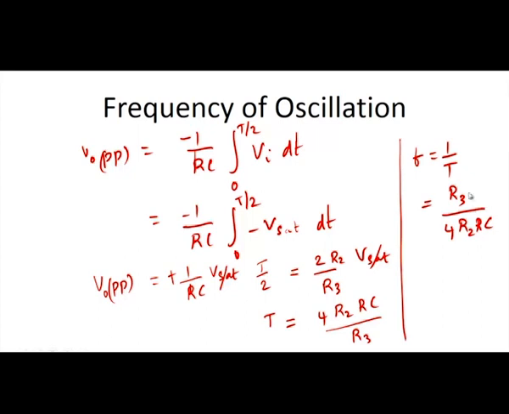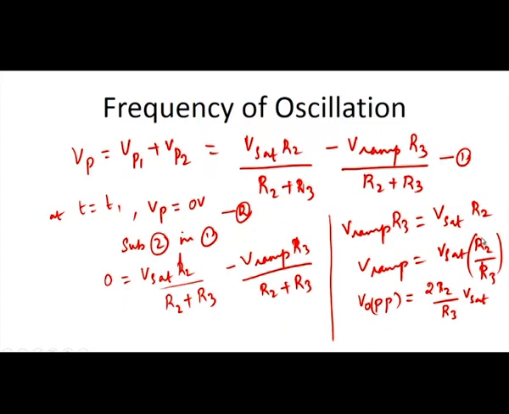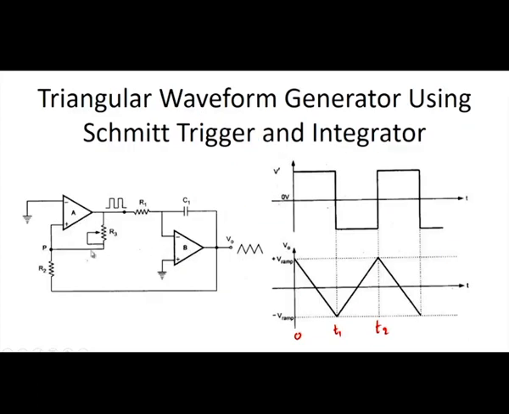This R3 and R2 are the resistors which are connected to the Schmitt trigger, that is, the voltage dividers connected to the Schmitt trigger, and this RC are the passive components connected to the integrator circuit. Here R3, R2 are the potential dividers connected to the Schmitt trigger, and I have taken RC as R and C instead of R1 C1.